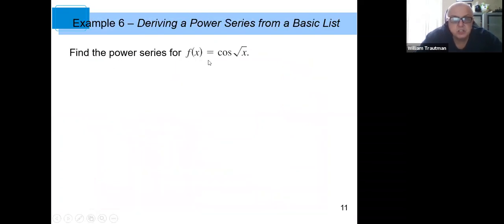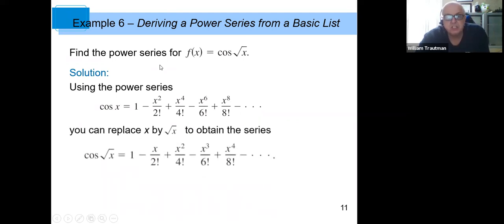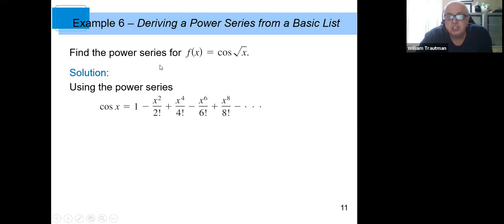And so here's one that we can use. If you read the instructions in the homework, it'll be similar. Derive a power series from the basic list. So we have the basic list. Now you want to derive a power series from that. So what we're going to do is first look at the basic series for cosine x.